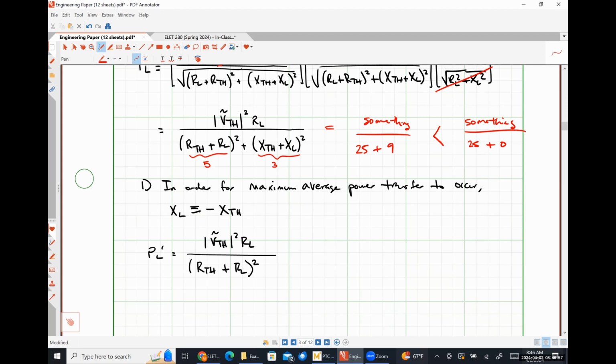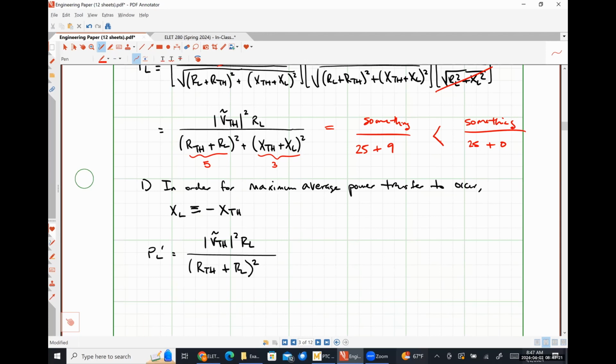Effectively, yes. So in order for maximum average power transfer to occur, we need the reactances to cancel out, or we need it to look like a purely resistive thing. 100% correct, Brown. That will indeed cause maximum average power transfer to occur.